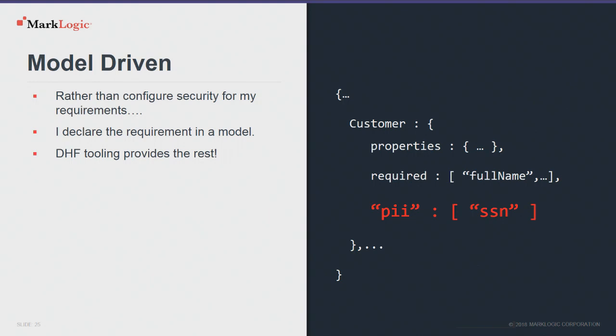You can generate indexes from Entity Services, and then now in 905, actually, if you can find it, you'll see that you can add this PII property specifically to safeguard personally identifiable information. It takes an array, and in this case, we're just going to protect SSN. And then the Data Hub Framework tooling takes care of the rest for you. It's actually going to configure the security for you.